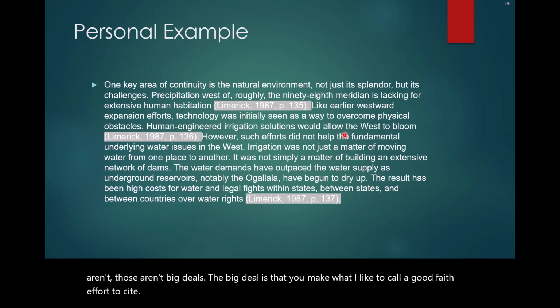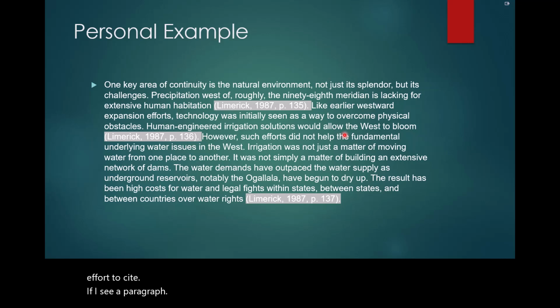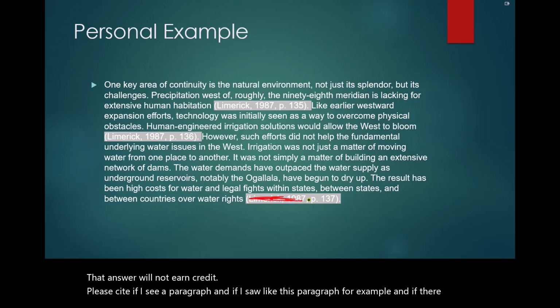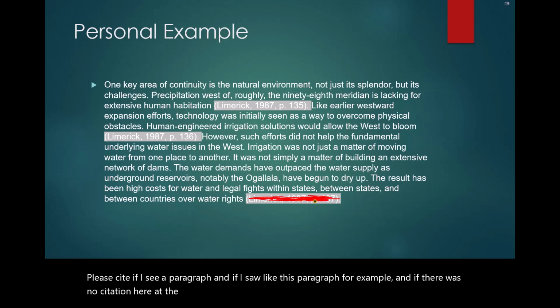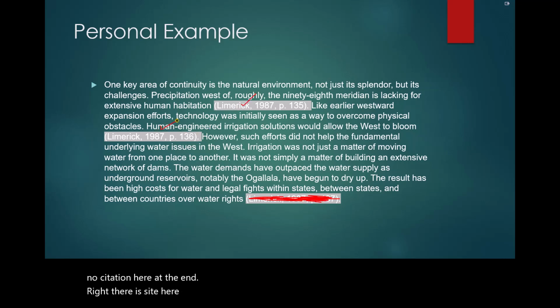If I see a paragraph and it has no citations, that answer will not earn credit. Please cite. If I saw a paragraph like this one, for example, and there was no citation here at the end, right? There is a cite here, great, a cite here, great, and then nothing else.